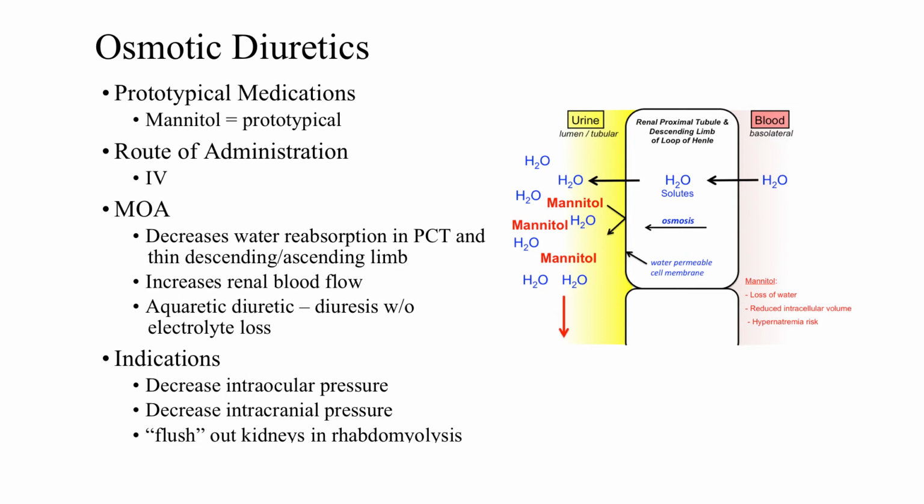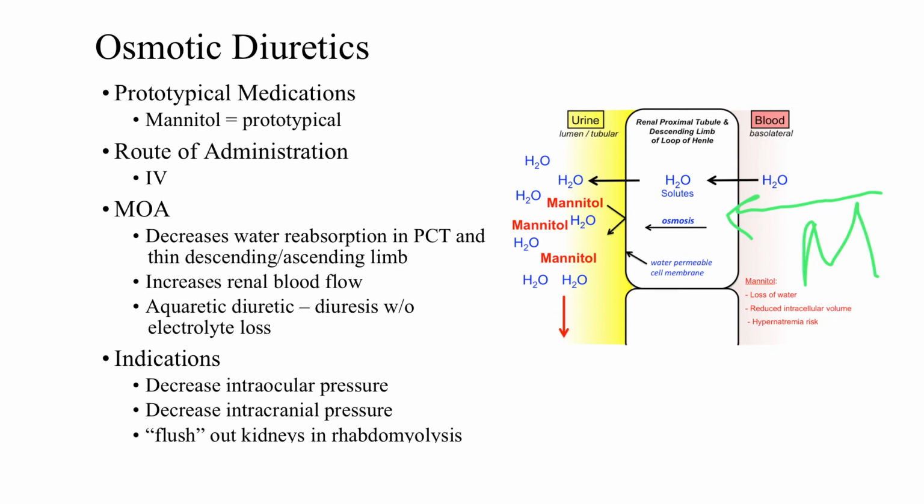Mannitol is our prototypical osmotic diuretic, and as indicated by its name, it is going to force the movement of water. It is given IV, so mannitol as a substance, like M for mannitol, is a heavy, waxy type of substance that will be incorporated into the filtrate.